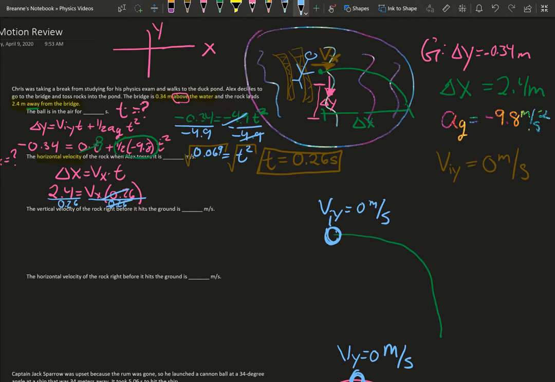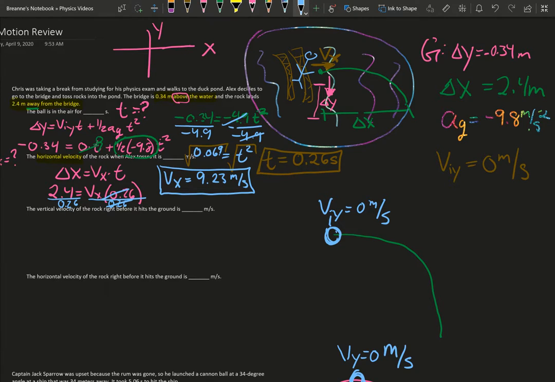So that cancels out. So you just plug in 2.4 divided by 0.26, and you get your Vx to be 9.23 meters per second. There you go. That was pretty simple.